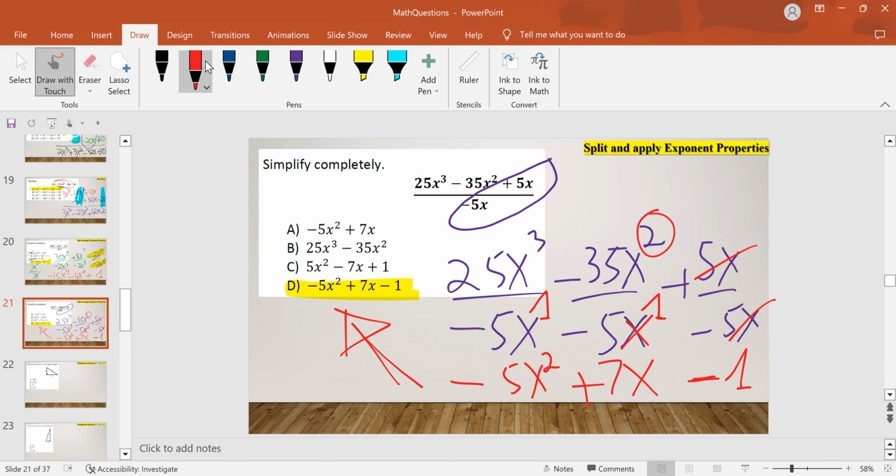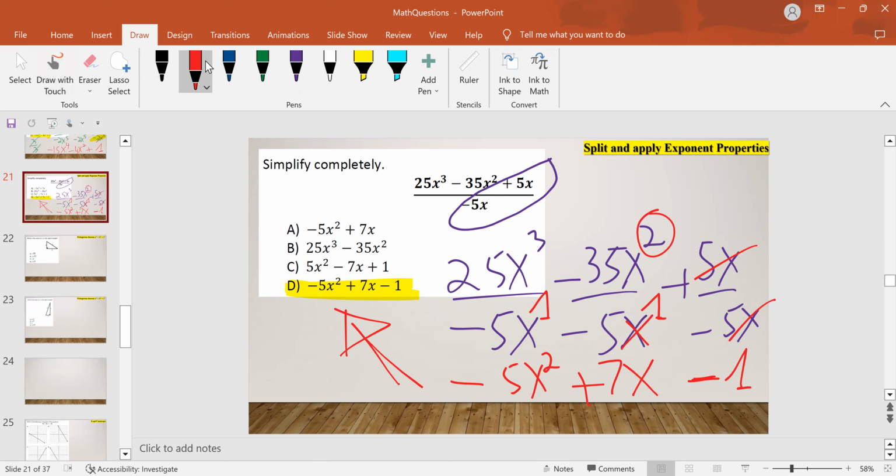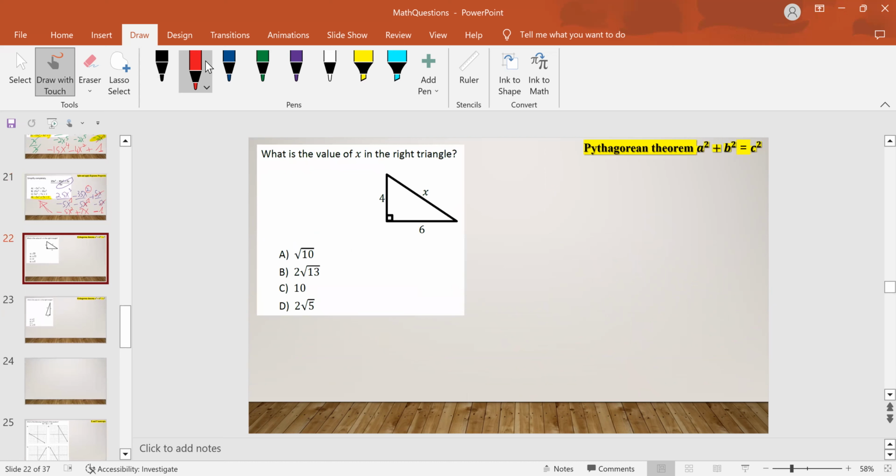Now, we continue. This is a triangle. So we're going to use the Pythagorean theorem as the key information here. And what is that theorem? They say a squared plus b squared equals c squared. The c is the hypotenuse, the longest side. How to recognize that hypotenuse?